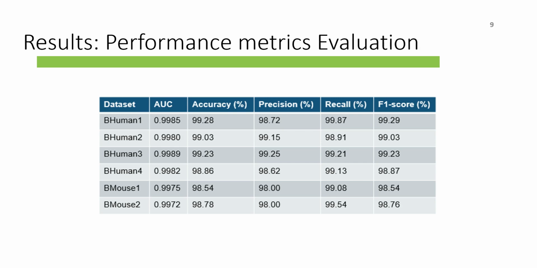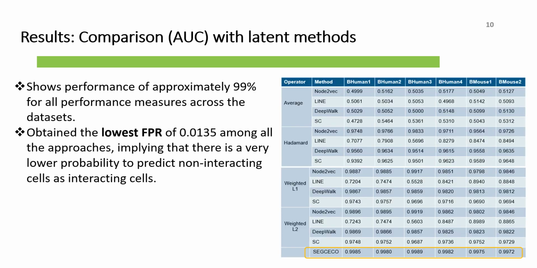We evaluated the methods against other methods such as latent feature-based methods and the latest GNN-based approaches for link prediction in terms of AUC, ROC, accuracy, precision, recall, and F-score. Our proposed method exhibited a performance of approximately 99% for all performance measures across all datasets, surpassing other methods.